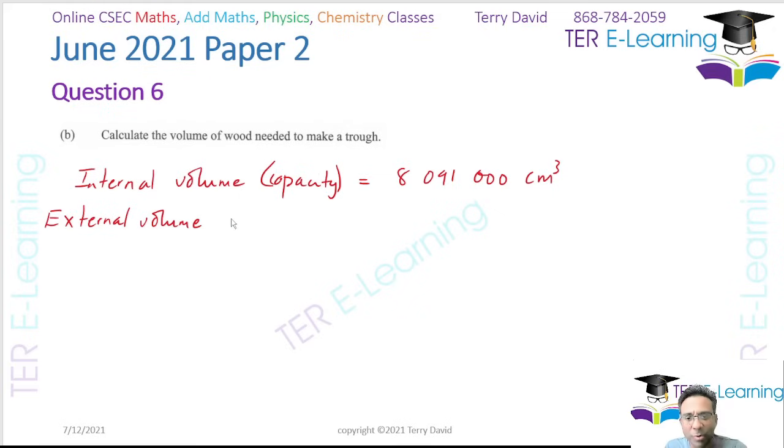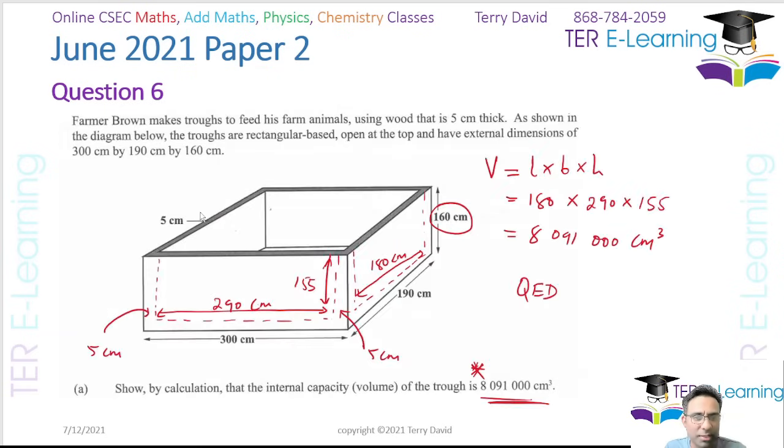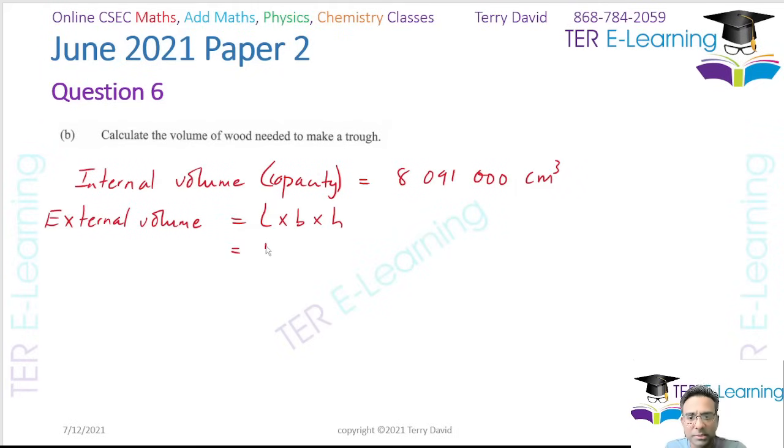right? Again, it's a cuboid, so you have to go length by breadth by height, or length by width by height. So what we're going to use here, I'm going to use my length as 190 by 300 by 160. So that is going to be 190 by 300 by 160.